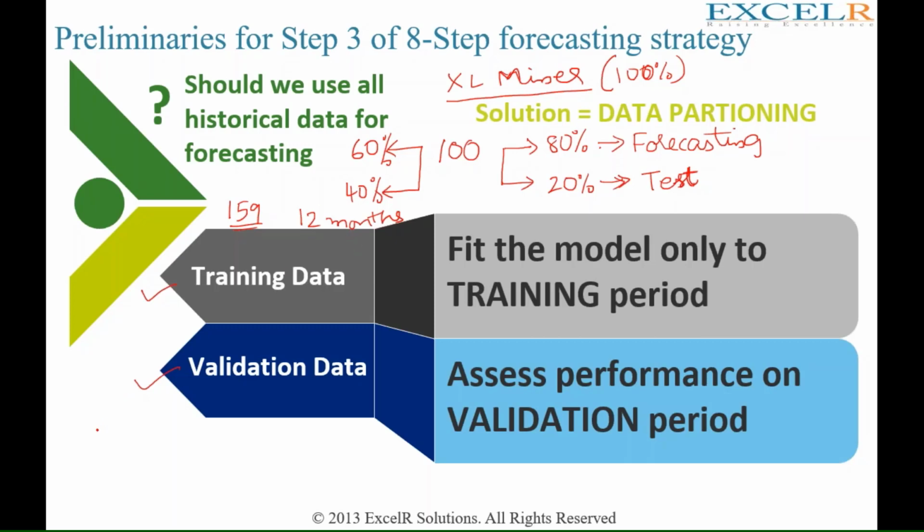For example, if someone asks what the monthly ridership will be from January 2017 until December 2017, since this is for 1 year, I'll consider 1 year as validation data to test the accuracy of the model, going back to the previous year's data.